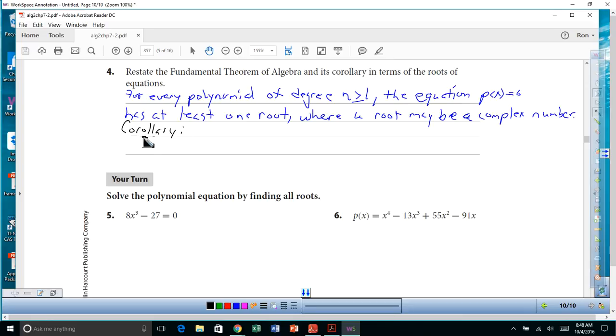The corollary: for every polynomial of degree n greater than or equal to 1, the equation p of x equals 0 has exactly n roots.